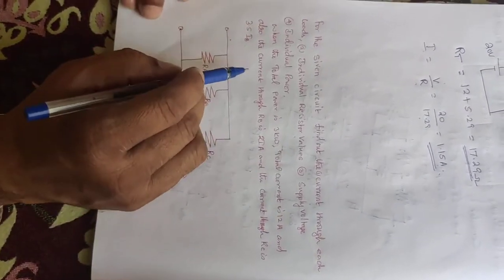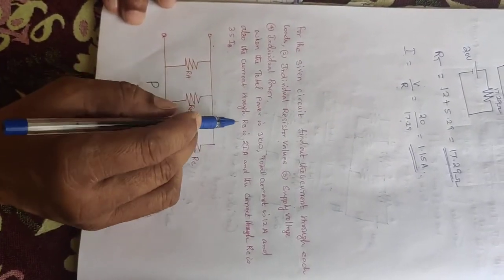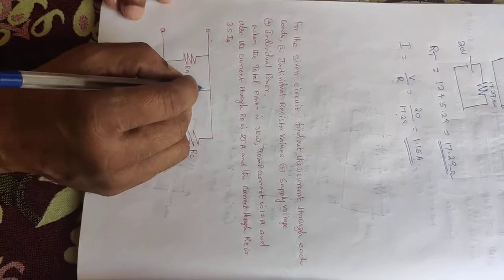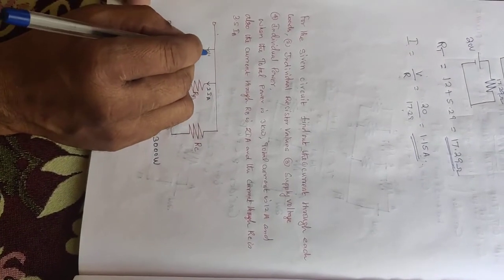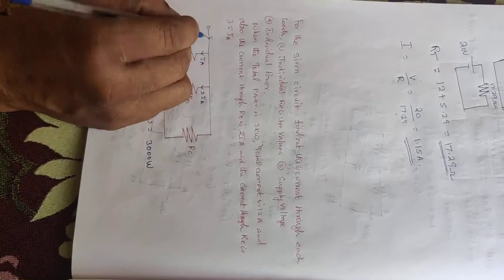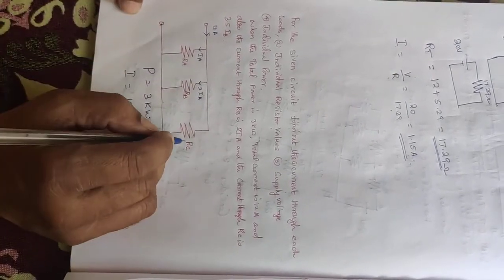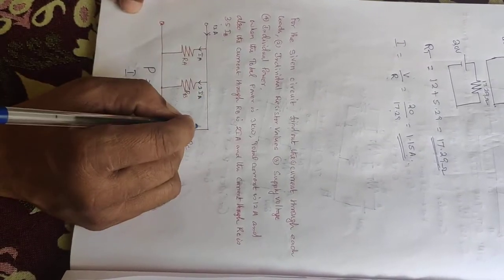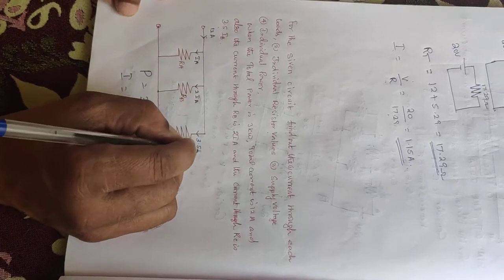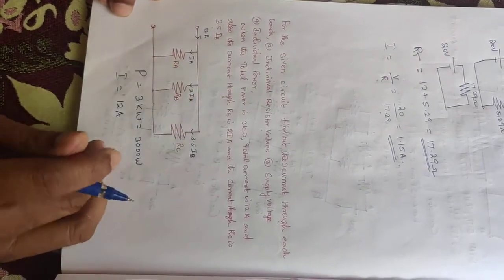They have given a condition that the current flowing in resistor RB should be 2 times IA, where the current in the first resistor is IA. And for RC, the condition given is that the current flowing in the RC resistor is 3.5 IB. These are the conditions given.